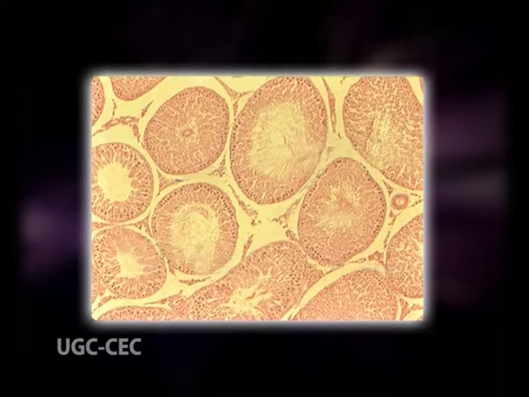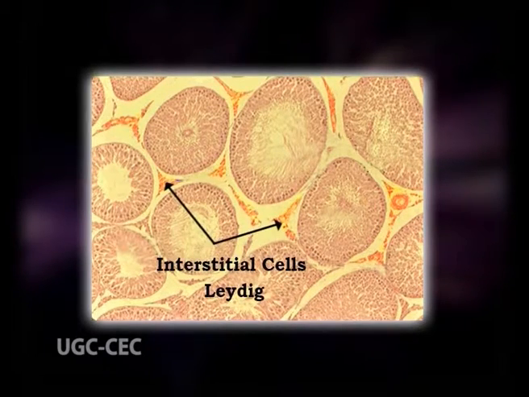Numerous blood vessels are located in the interstitial connective tissue around the seminiferous tubules. Clusters of epithelial interstitial cells, also called Leydig cells, are present in between the tubules for secretion of the male sex hormone, that is testosterone, into the bloodstream.